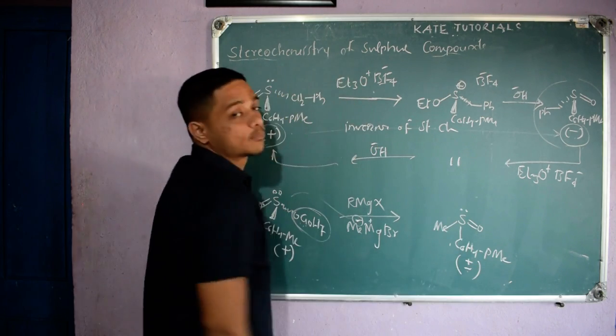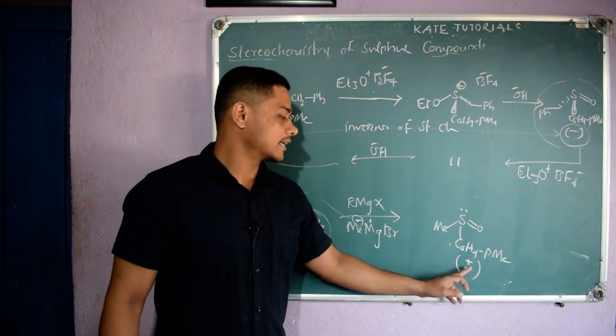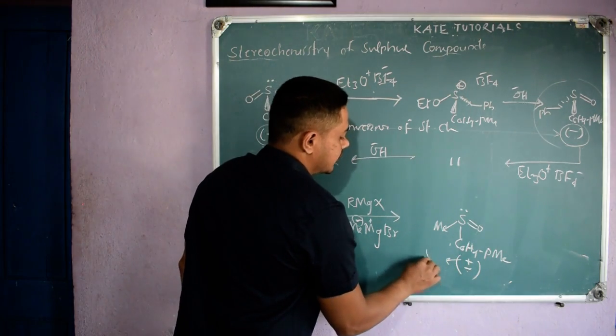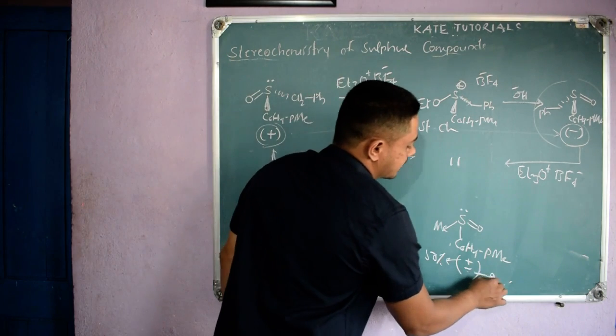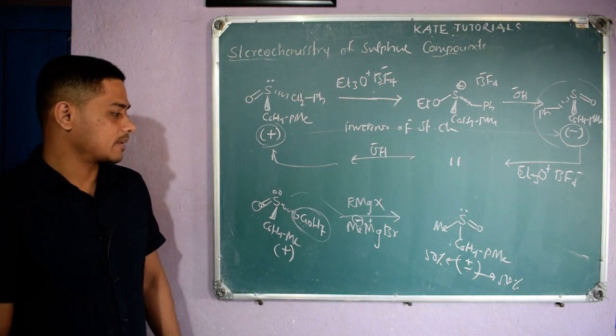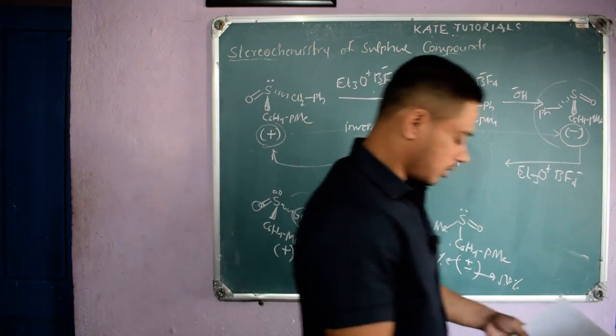They get both products, positive and negative, 50% plus and 50% minus. So we will get a racemic mixture, represented by plus or minus, right?